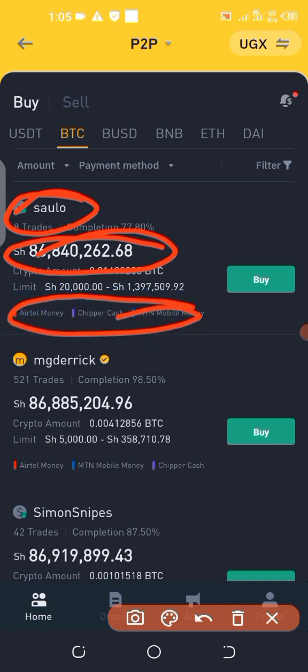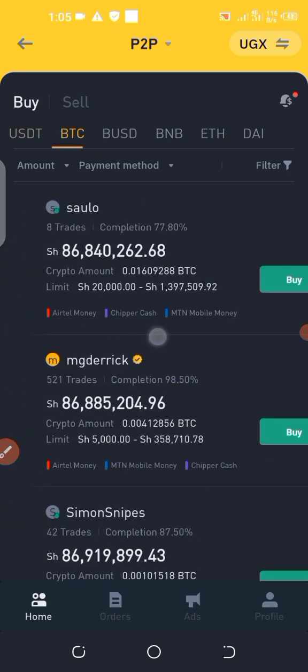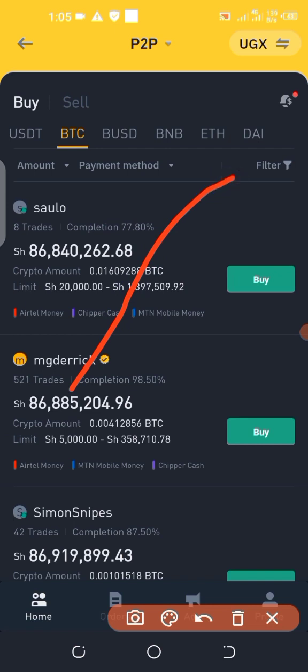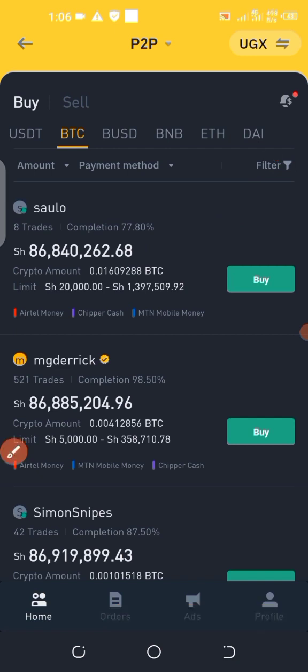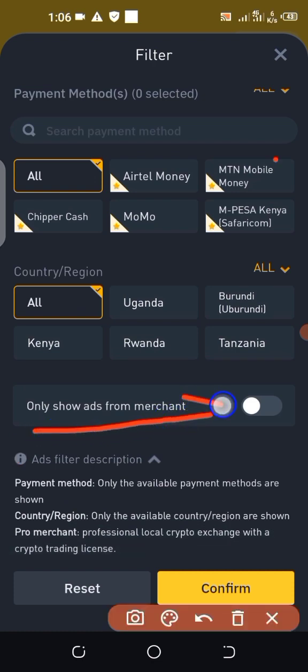You understand? Okay. But when you're new to this platform, I would recommend that since you don't have much experience, you go to this option here. It's called filter. When you go to this option called filter, you tap there, you go down here where you see this point that says only ads from merchants, because some people are scammers, and if you don't have experience, you may end up releasing your crypto to a person who just wants to take your crypto without payment.